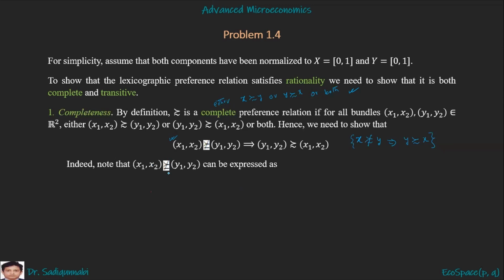X is not weakly preferred to Y can be expressed as: the first component of Y is greater than or equal to the first component of X, and if the first component of Y is equal to the first component of X, then the second component Y2 is greater than or equal to the second component X2.